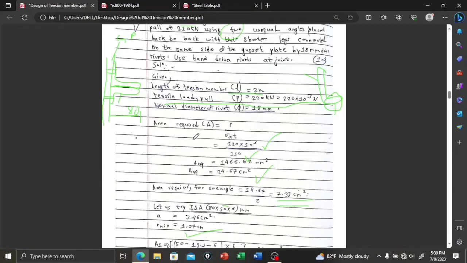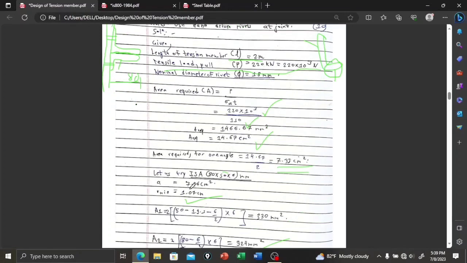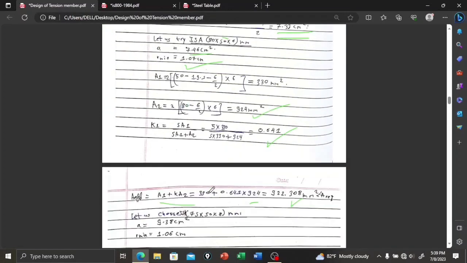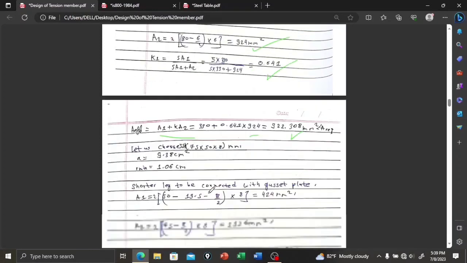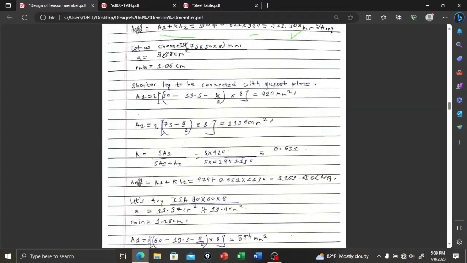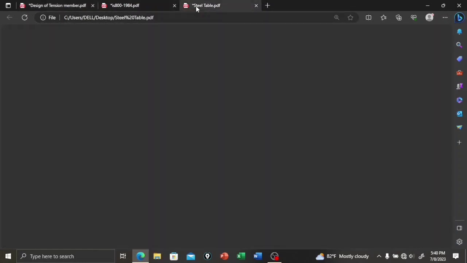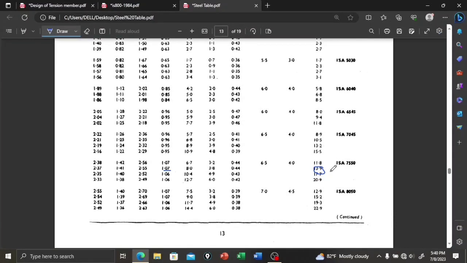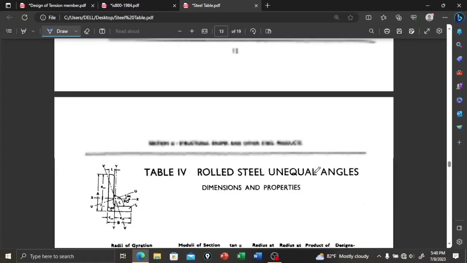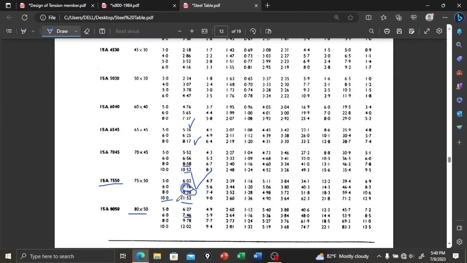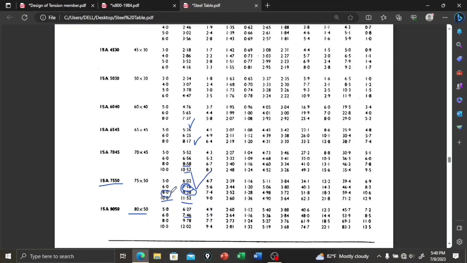The earlier one has area of 7.46, so we have to increase area to around 9. This is hit and trial method, so around 9.38, that is 7558, 9.38.